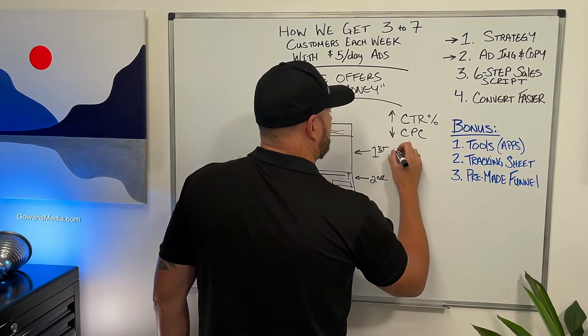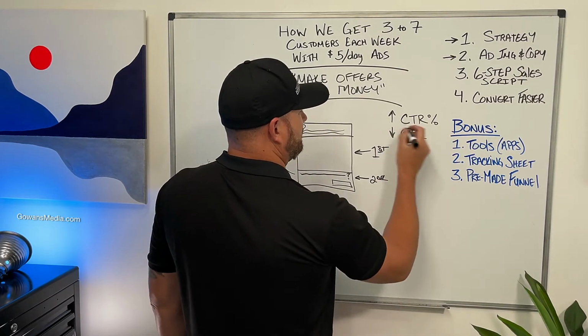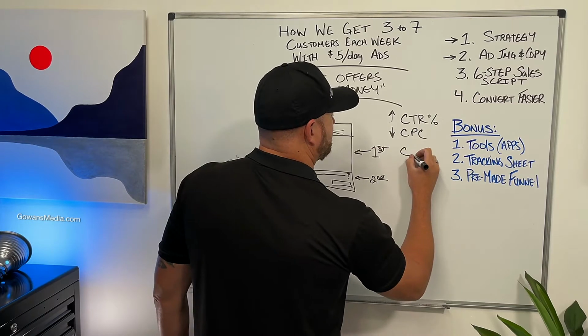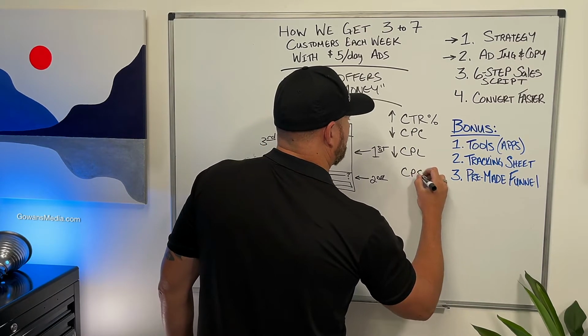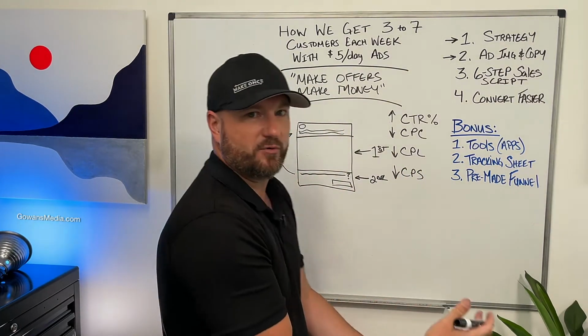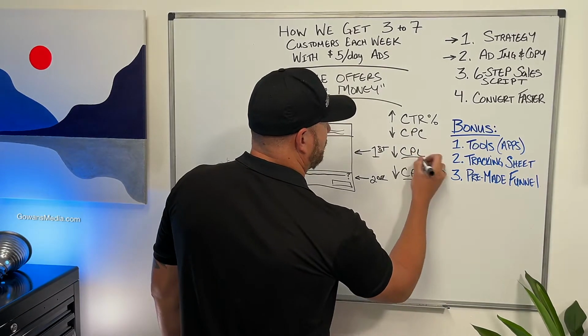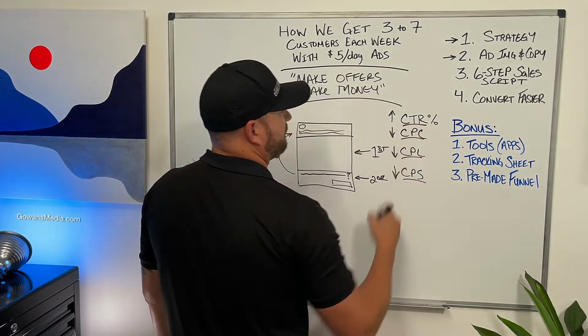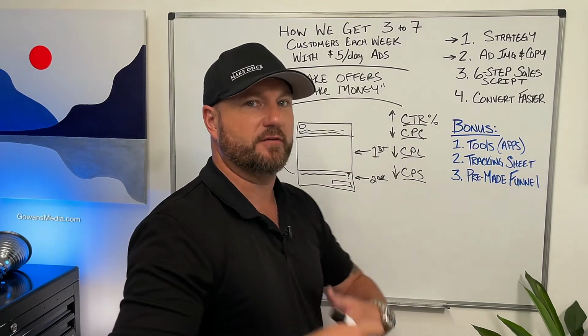Once you've done this with these two things, your cost per lead goes down, and then your cost per sale goes down, okay? Which is exactly what we want: we want to always try to get this number as low as possible without sacrificing quality, the quality of the prospect.